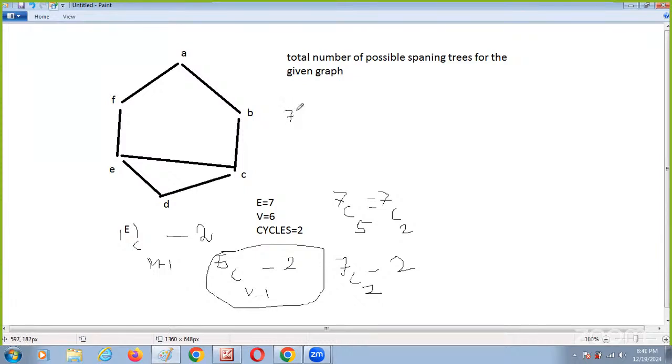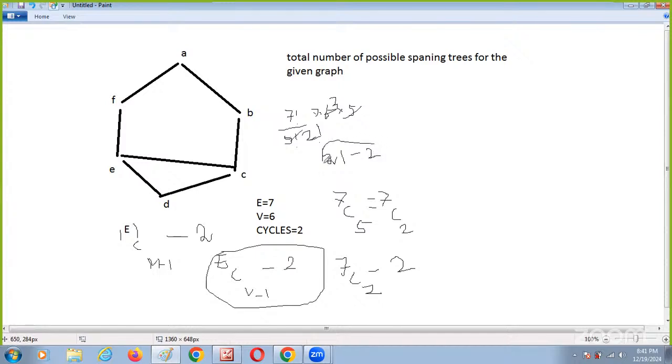So 7C2 is 7 factorial by (7 minus 2) factorial, that is 5 factorial into 2 factorial. So 7 factorial is 7 into 6 into 5 factorial, 5 factorial cancels, and with 2 we get 3, so 7C2 value is 21. 21 minus 2.